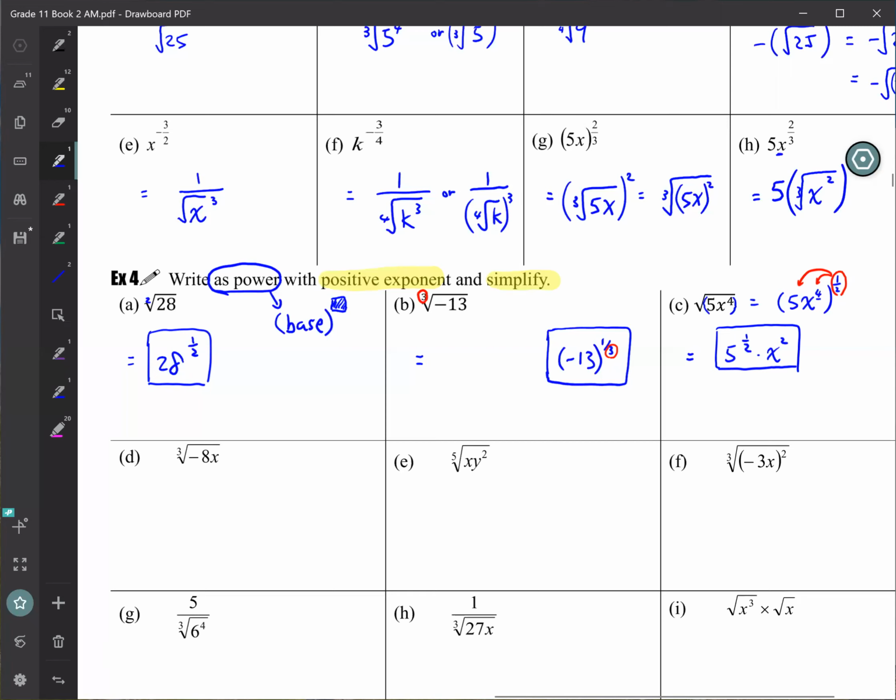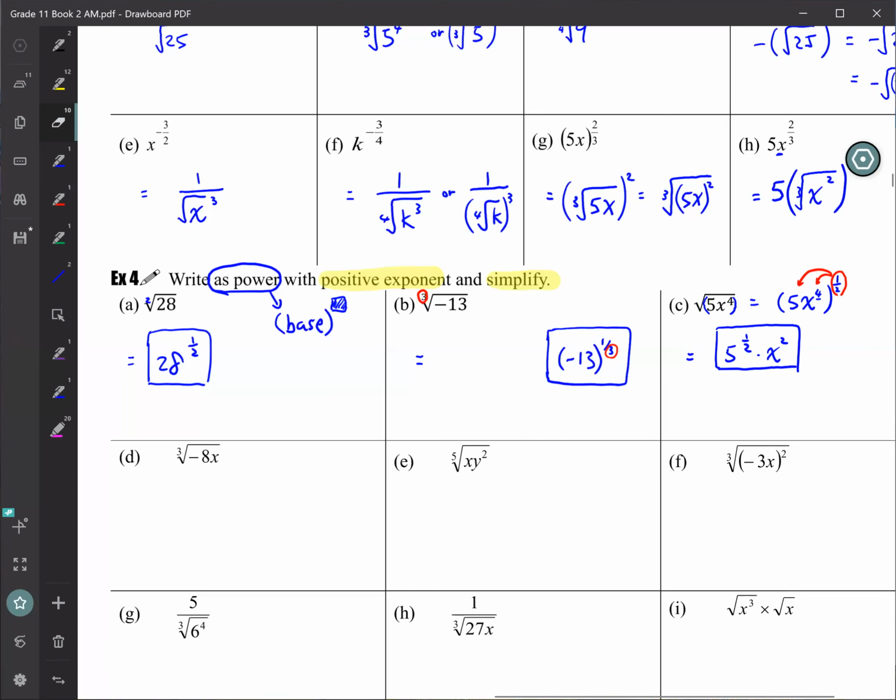You don't need to turn the 5 to the half into square root of 5, because it says leave it as an exponent, write it as a power. So just leave it as 5 to the half x squared.